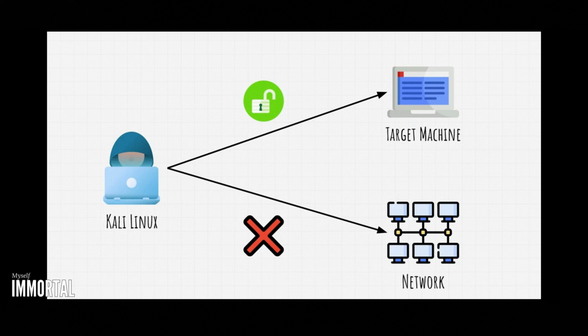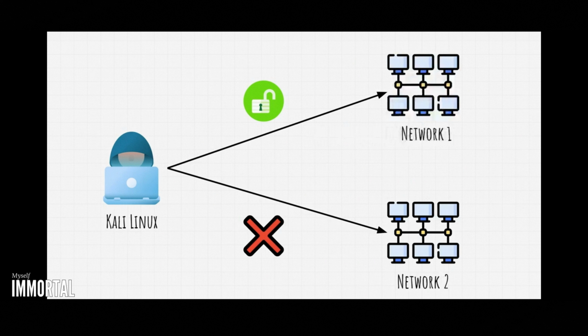Or it could be that our client has multiple networks and they only allowed us to test one of them. That means you should not go around and try to hack different machines on a different network. Now, these are only some of the examples, but what's important to get out of this is to always have permission to perform a penetration test. Hacking something that you're not allowed to hack could potentially get you into some serious trouble if you get caught.